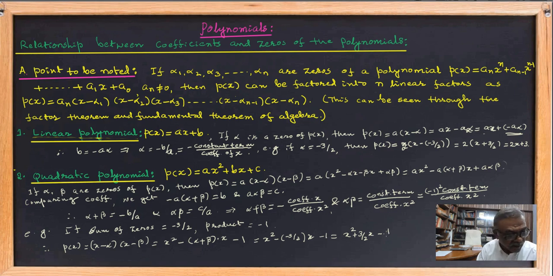If we are going to equate it to 0, because alpha and beta are the zeros of this polynomial, therefore p(x) is equal to 2x square plus 3x minus 2. This is the answer which you can see through the verification.